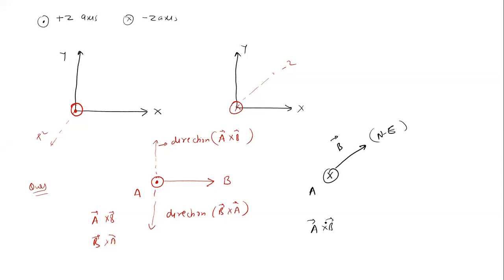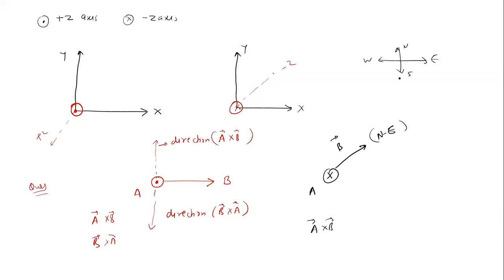Tell me the direction of A cross B. So you have to draw this: north, east, west, south. In which direction would it be? Is it the x-axis? No, wrong. Northwest? No. Not the y-axis.